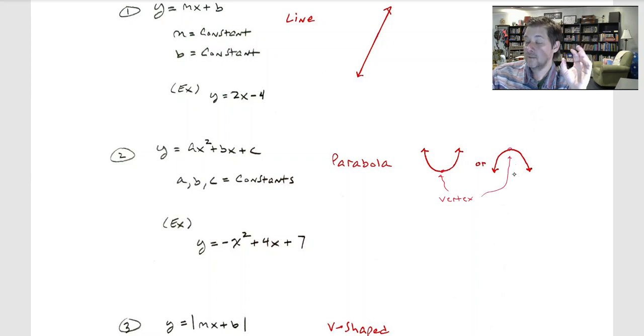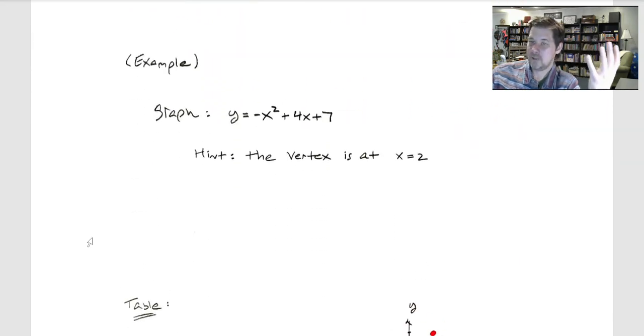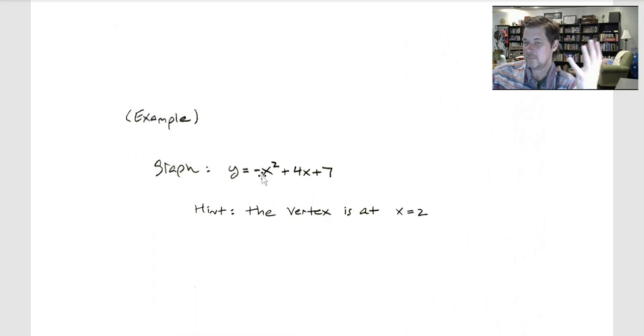Okay? So for the purpose of this video, for me to walk you through a strategic way to graph something by yourself, I'm saying this right here looks like this or this, and that vertex point, that point that's either right in the middle of it, at the bottom or the top, is at 2, okay?